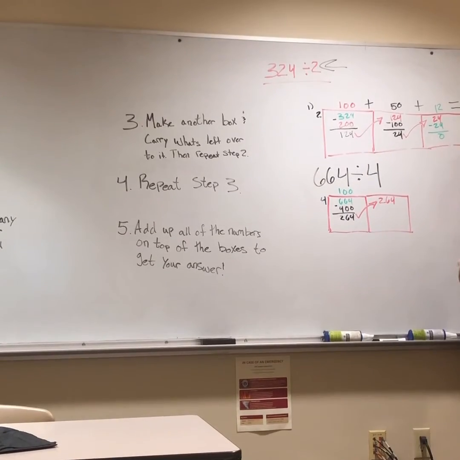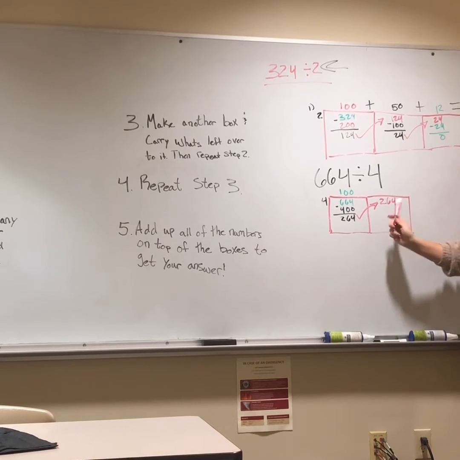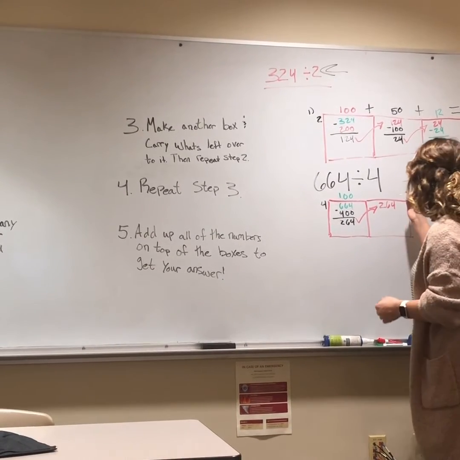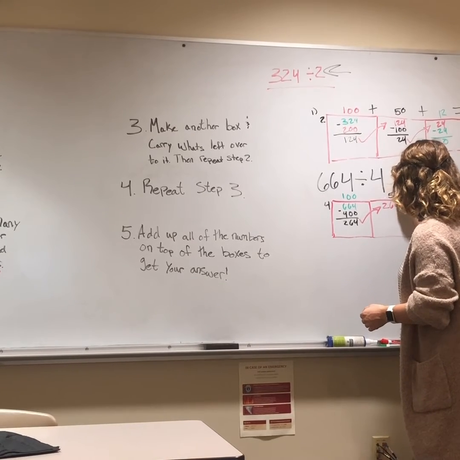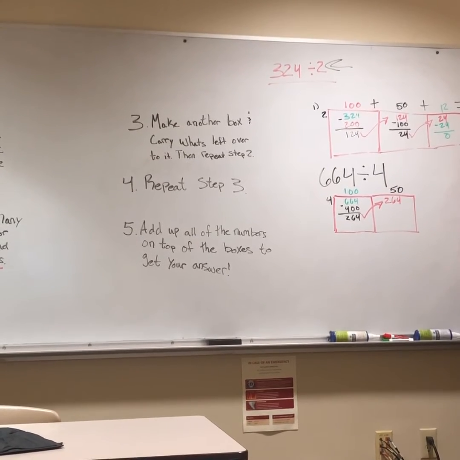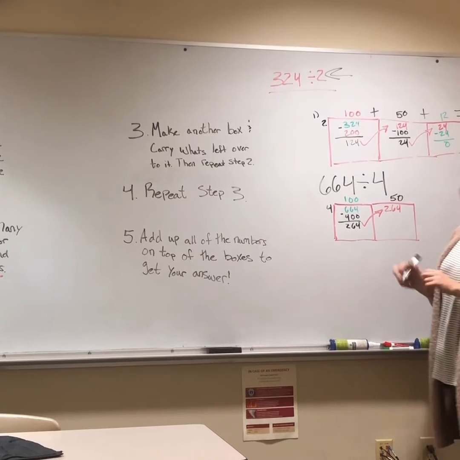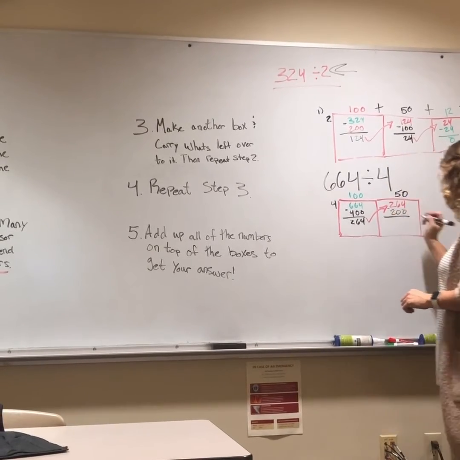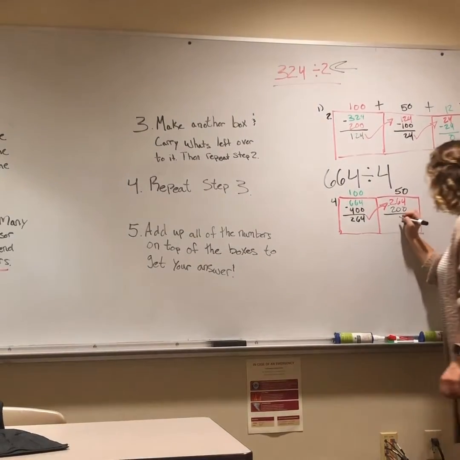And then using a simple number, you're going to see how many times 4 goes into that number, which we can use 50. So then 50 times 4 is 200. Subtract it out, and you're left with 64.